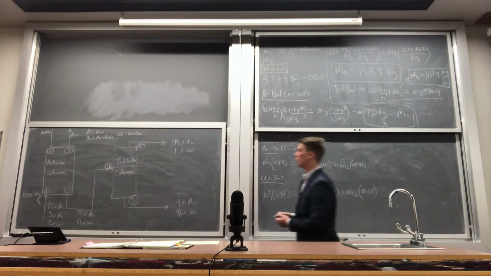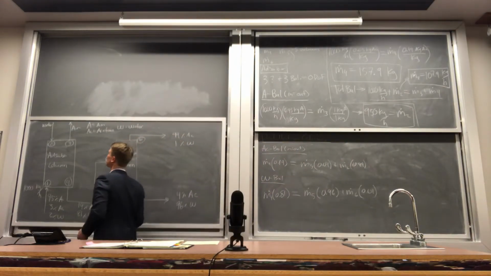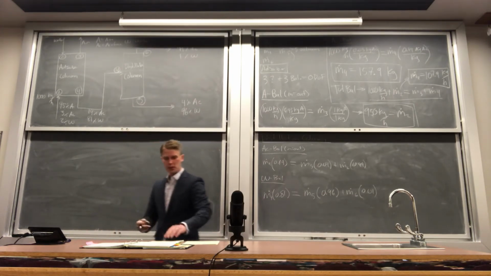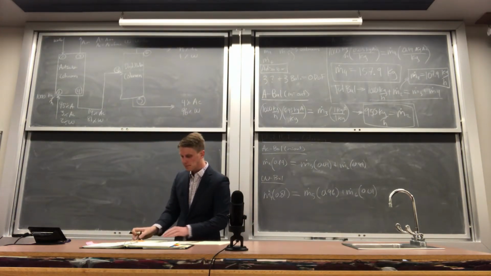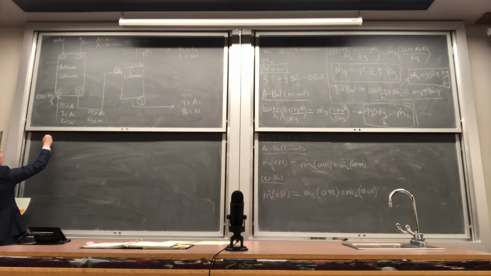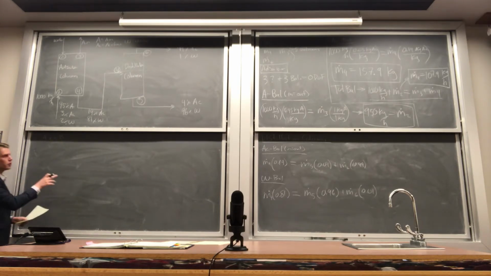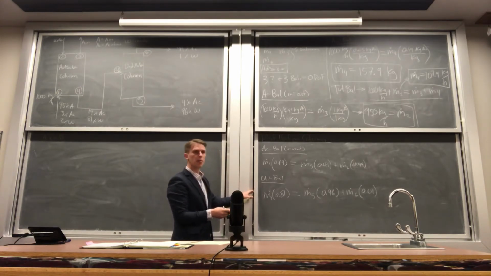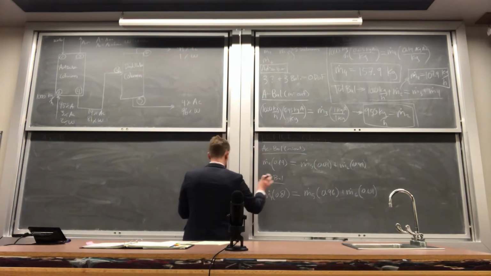So let's talk now a little bit about strategies. If we wanted to put this into a matrix, I would structure the matrix in this form: AX equals B. We have our coefficient matrix, we have our unknown matrix, and we have our solution matrix. So if we wanted to put our acetone balance and our water balance into matrix form, we have to do a little bit of rearranging here.